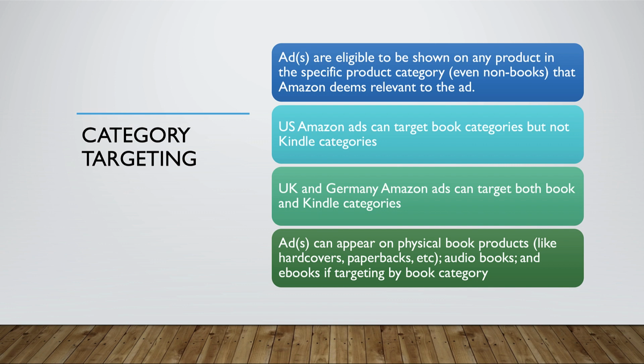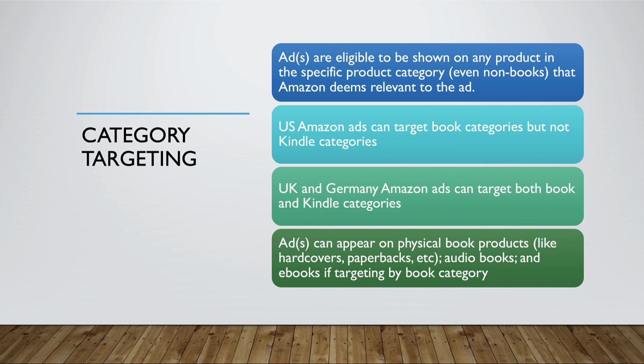They just won't show it at all. So you're not likely to be put on very many non-books, even if you're targeting categories that aren't books. In the US, you can only target the book category and not the Kindle category. In the UK and Germany, you can do Kindle. I have no idea why the US can't do Kindle. It kind of sucks, but it is what it is.